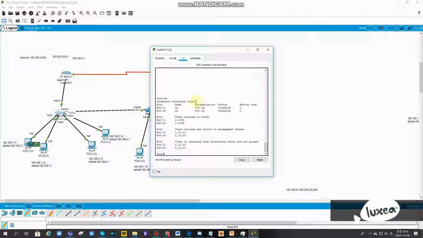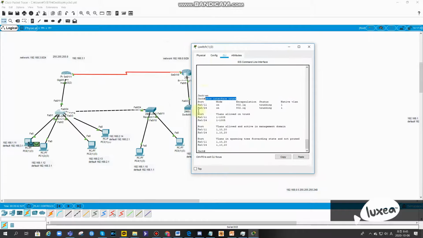This lets us see how many trunks we made and where it's connected. So as we can see, FastEthernet 0/11 and 24, which means that it is on, which means it is still working right now, and encapsulation is 802.1.